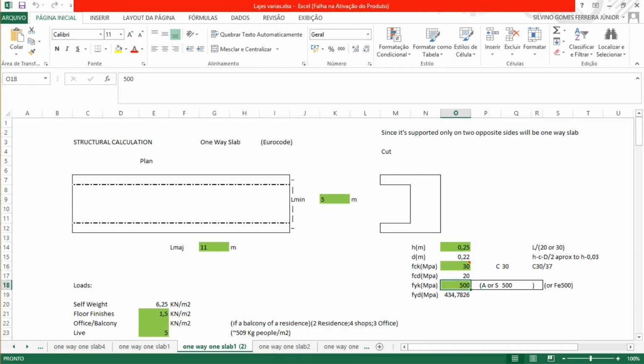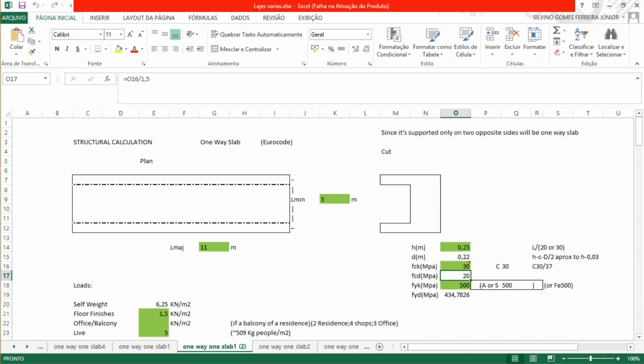It can be F500, but what really matters is that 500 is the resistance of the steel.